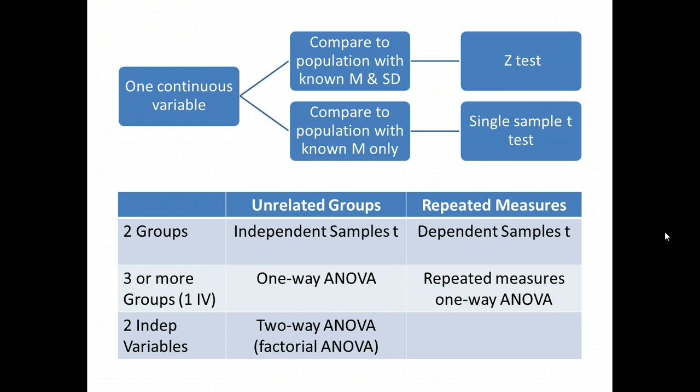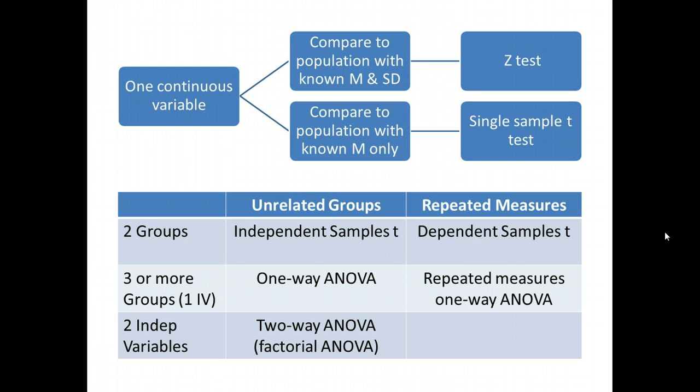2 independent variables, now you still have a dependent variable in there, but if you've got 2 variables that identify groups, then you're going to do a 2-way ANOVA, which is a factorial ANOVA. That, I'm not sure if you've completely noticed or not, is always done with unrelated groups. Now it is possible to do a 2-way repeated measures ANOVA. I will never give you that.